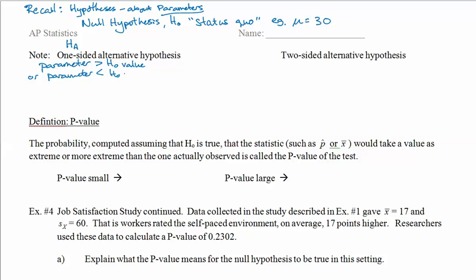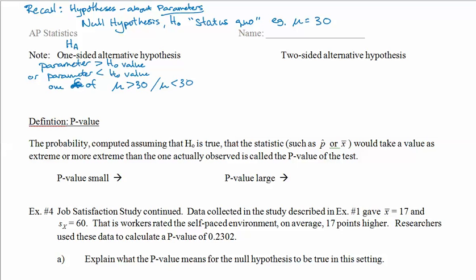One or the other. So, in our example, one of mu being greater than 30 or mu being less than 30.